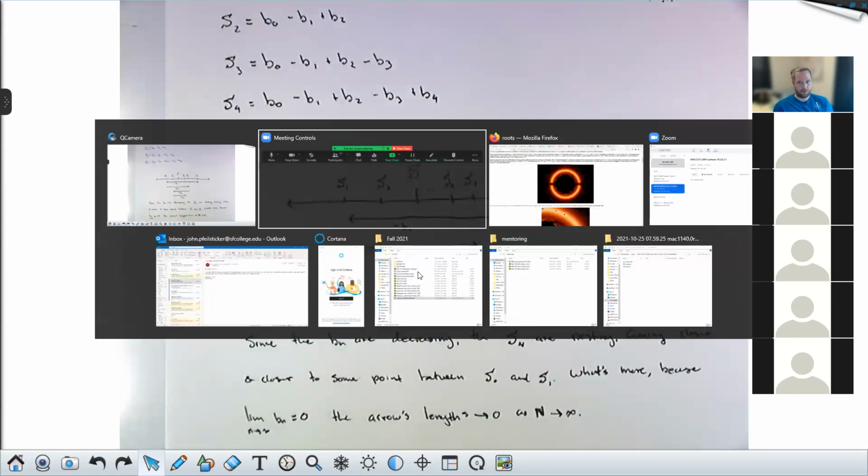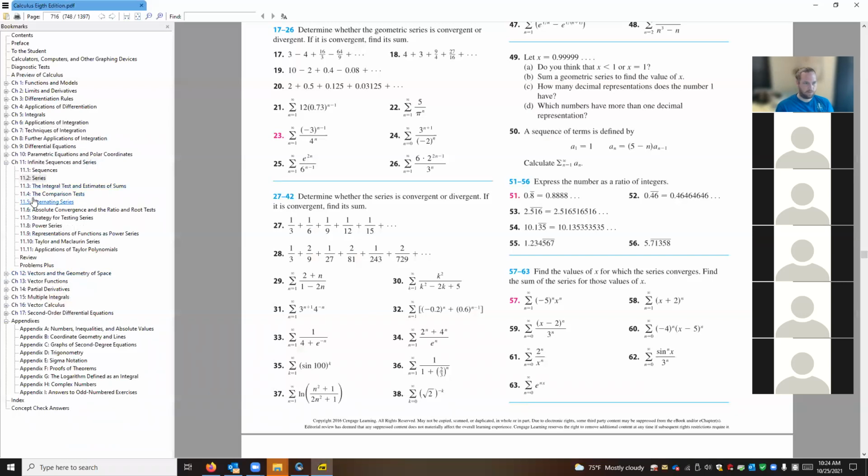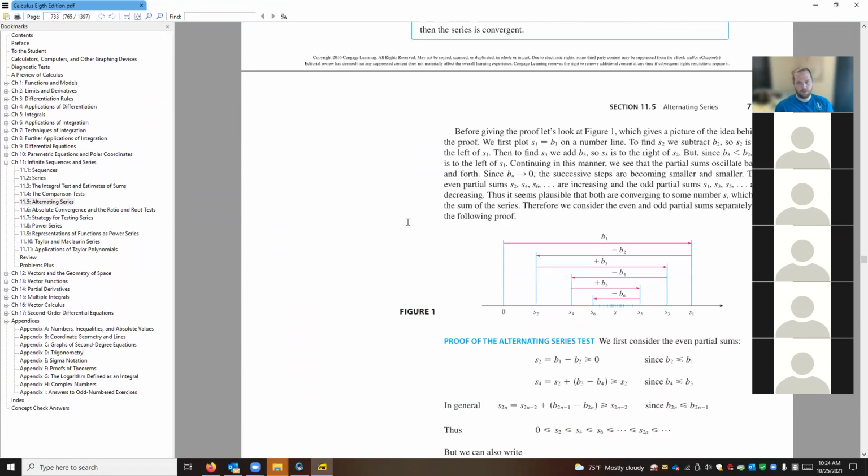So your textbook has a picture here that's a little better than I can draw by hand. There you go.